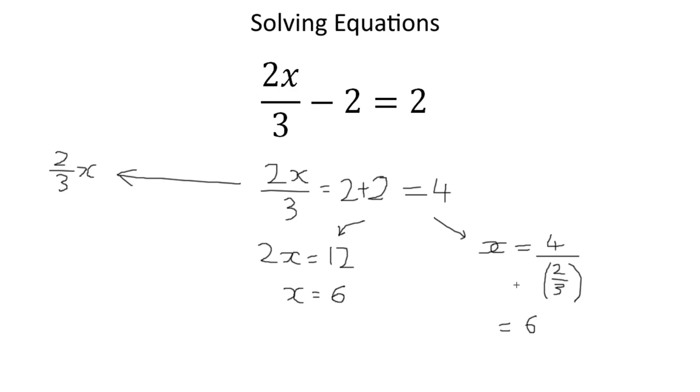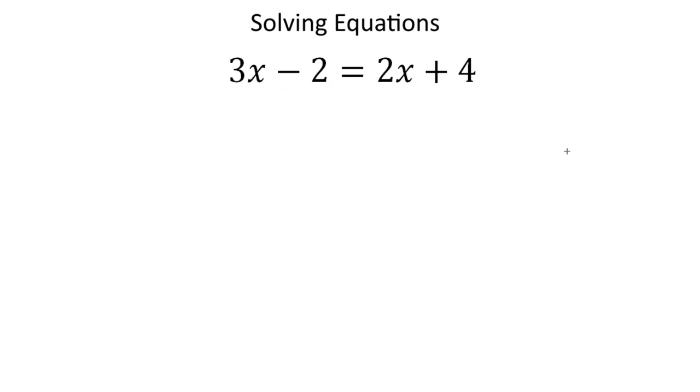Okay, so let's do one last example. So we now have 3x minus 2 is equal to 2x plus 4. So in this situation, we have 2 expressions, one on each side. Now, we haven't seen that with all the others yet, because we just had an expression on the left and then a number on the right.